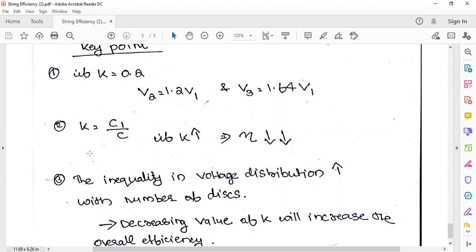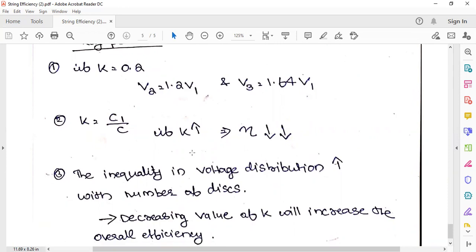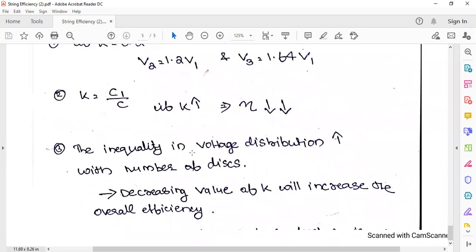So if the value of k increases, the overall efficiency will decrease. And the inequality in voltage distribution increases with the number of disks. So the more disks in the string, the more the inequality in the voltage distribution will increase. So what we need is a decreased value of k. Decreasing the value of k will increase the overall string efficiency of the suspension insulator.